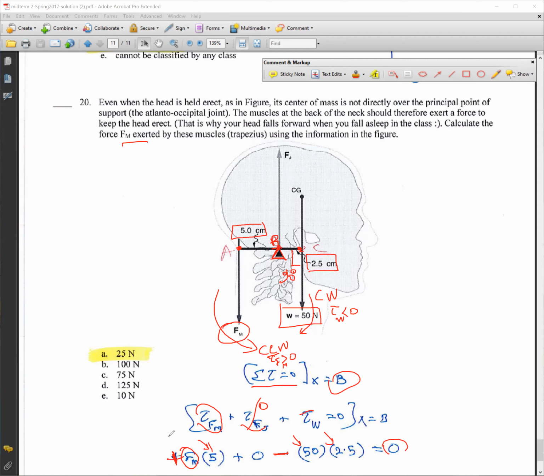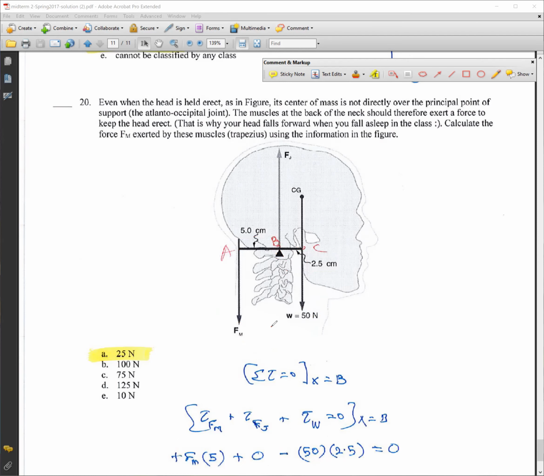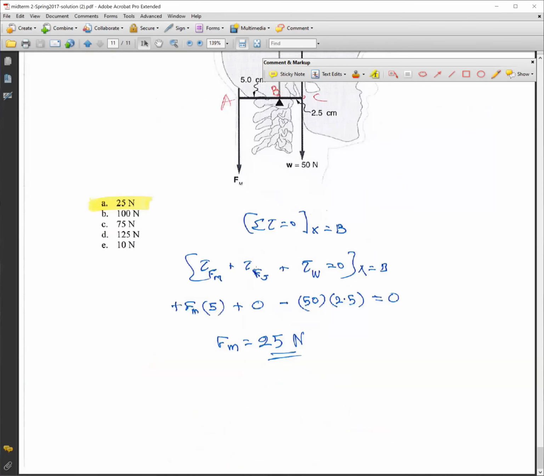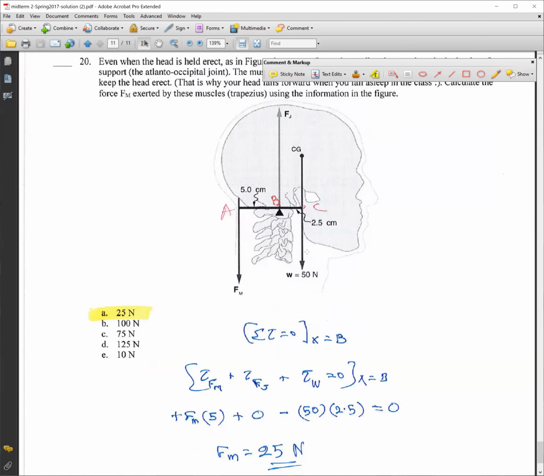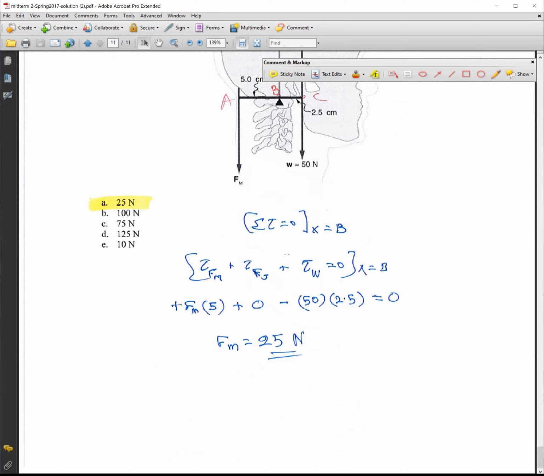Now, the unknown is force muscles, so you solve this equation for force muscles, and you end up with force muscles equal to 25 newtons.